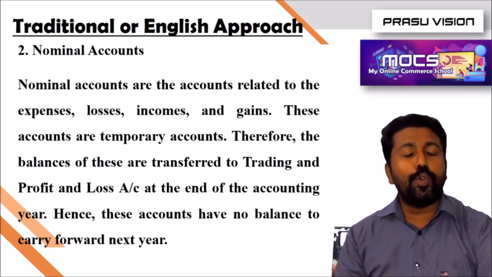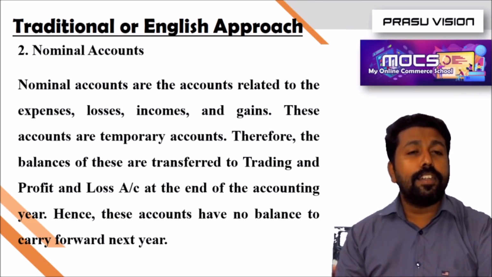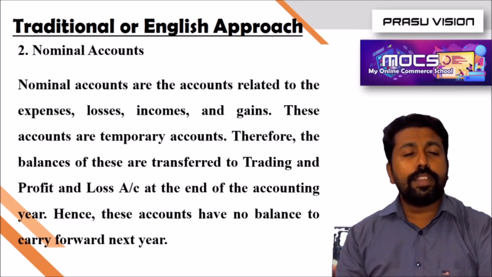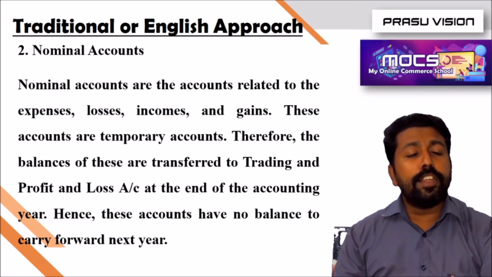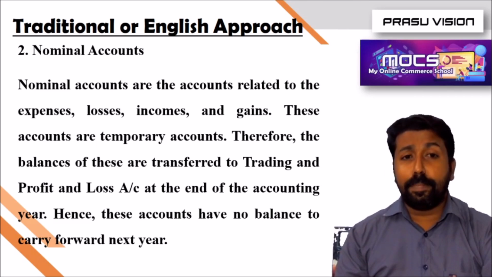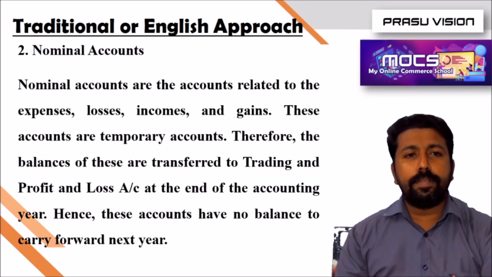And in impersonal account, we have to identify whether it is a real account or nominal account, and tangible real account or intangible real account. So my dear students, please go through the theory again to learn what are the different aspects coming under each account. Then only it will be very easy to identify the different aspects from a transaction. Minimum two aspects from a transaction.